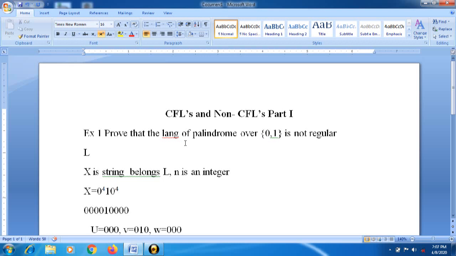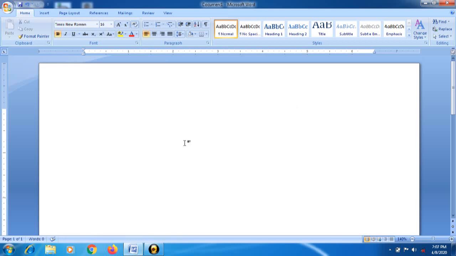Next part is we have to check whether the given language is a context free language or not. We have to check the second example for context free languages.